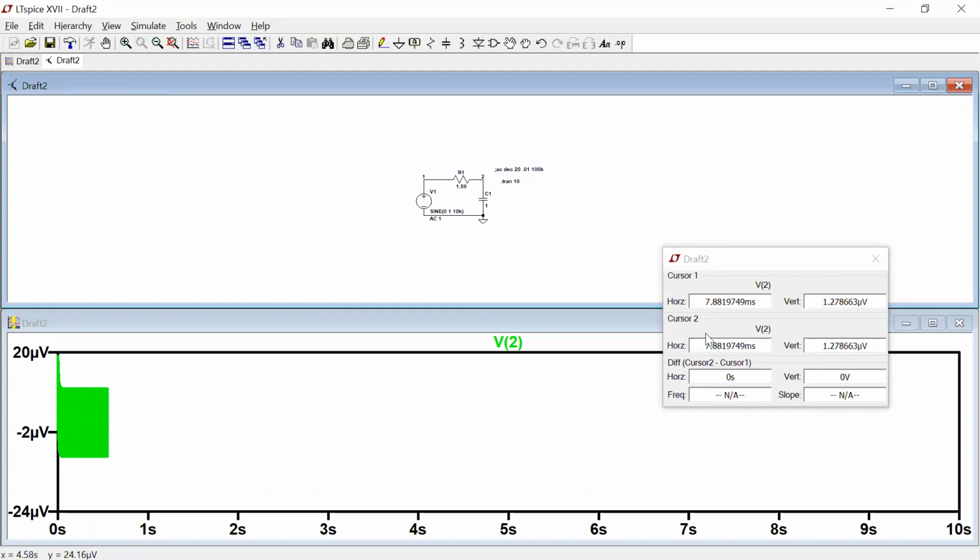Now, of course, the reason why it's going towards an average of 0 is the sine wave has an average of 0.